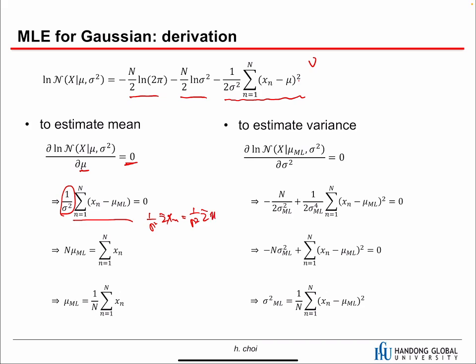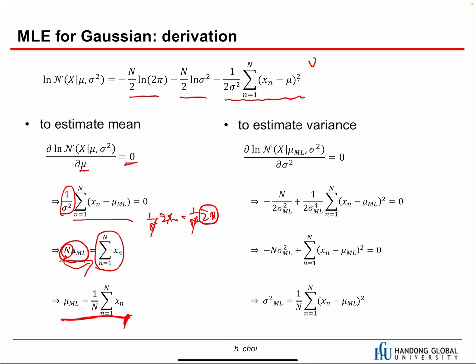And actually we can multiply sigma square on both sides, so they cancel. Here mu is a constant, so this is n times mu, and then we have a sum here. If we move this one to this side, then this is our MLE estimate.